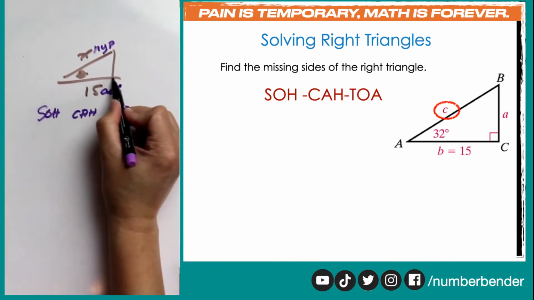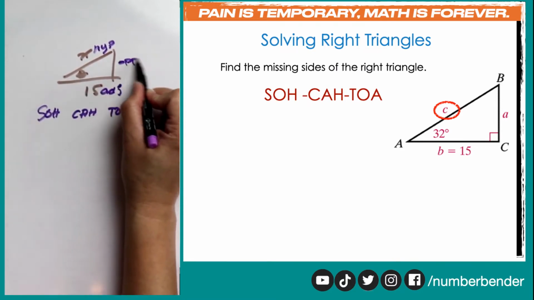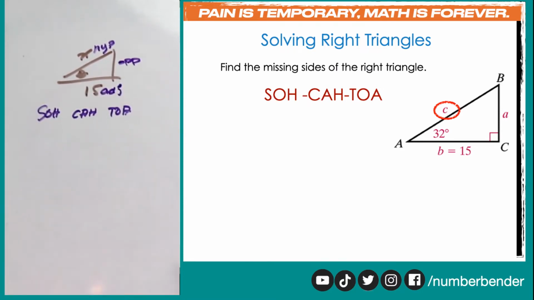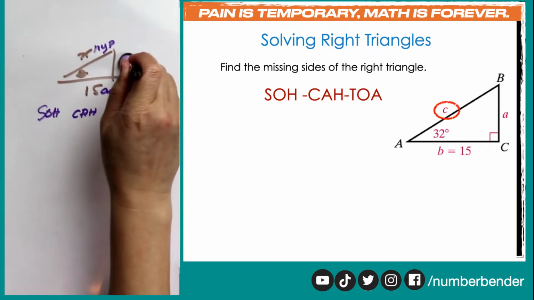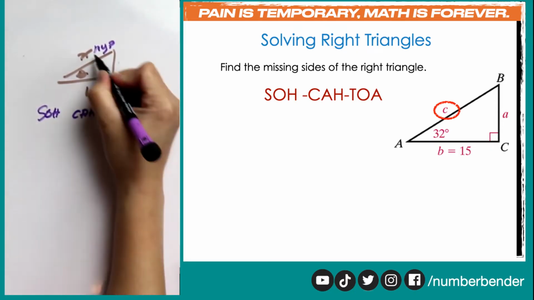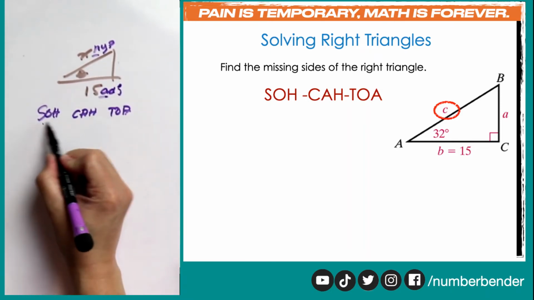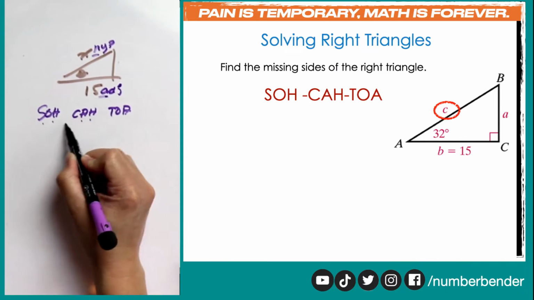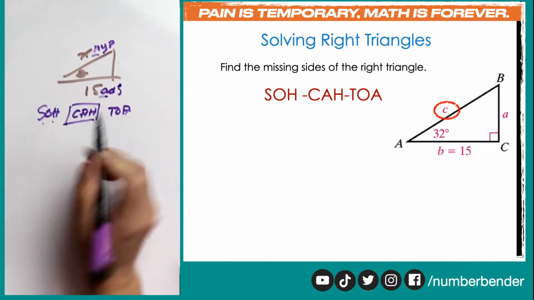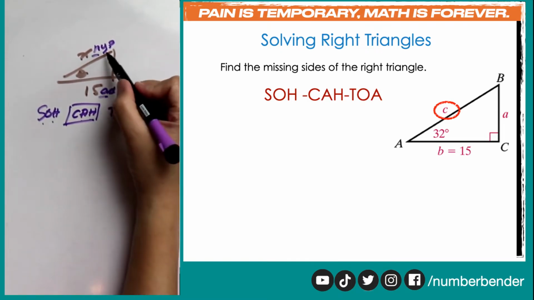We have the adjacent side, which is right next to the reference angle, and we have the opposite side, which is not given or we're not using right now. So we're just focusing on adjacent and hypotenuse. So A and H, and this is the formula that we're going to be using so that we can find the value of our hypotenuse.